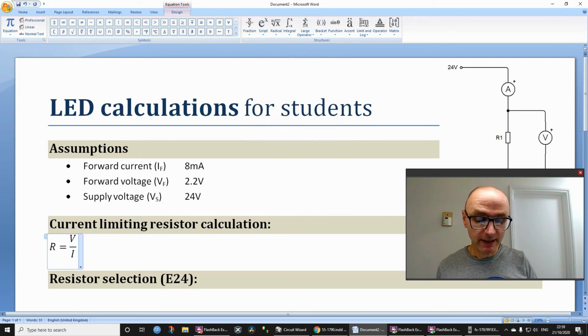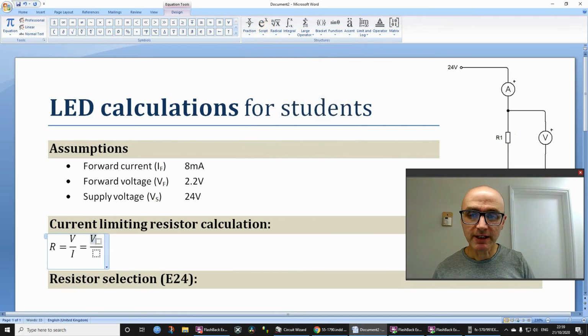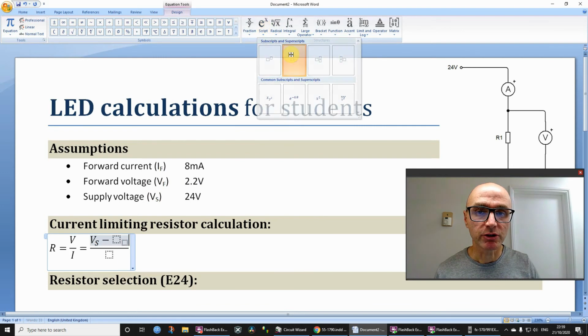Okay, let's now break that down a little bit. What we're going to say is that the voltage across the resistor is going to be the supply voltage. Remember that was Vs. To do that I'm going to use a subscript this time. I'm going to say V capital S, and then minus, let's get outside of the subscript, minus, and then let's go subscript again.